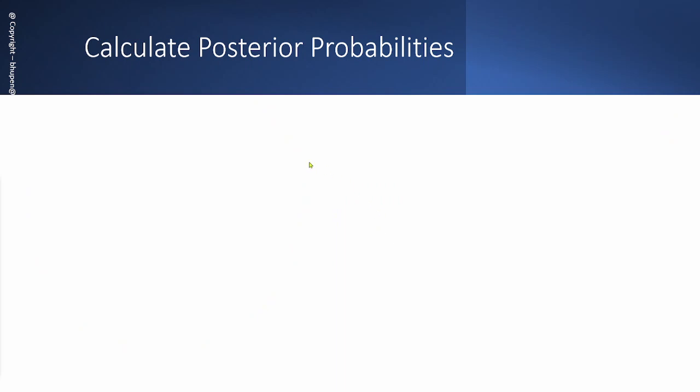Now we're going to compute the posterior probabilities, essentially the hypothesis that we are trying to find out. Let's say we have a new email: free offer on new products this weekend. Is it spam or not spam?